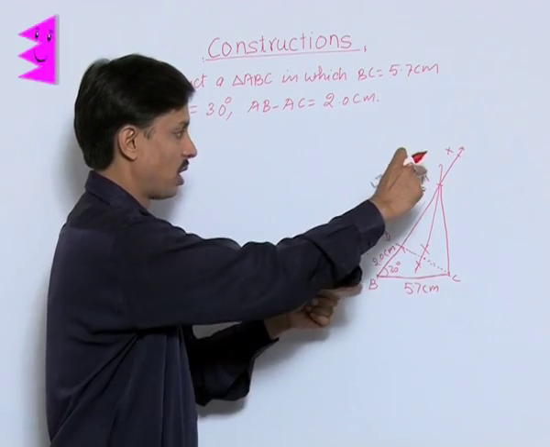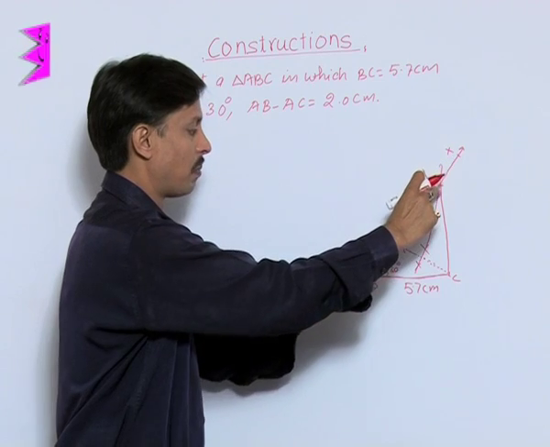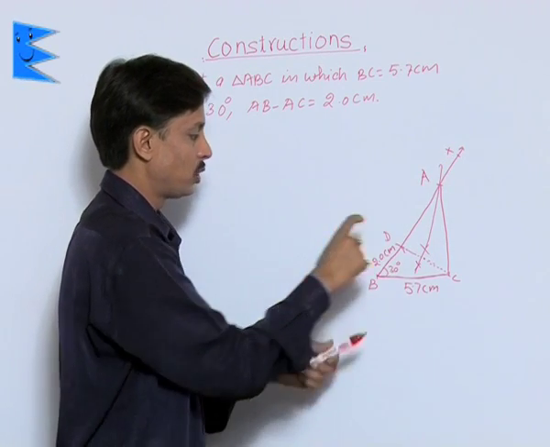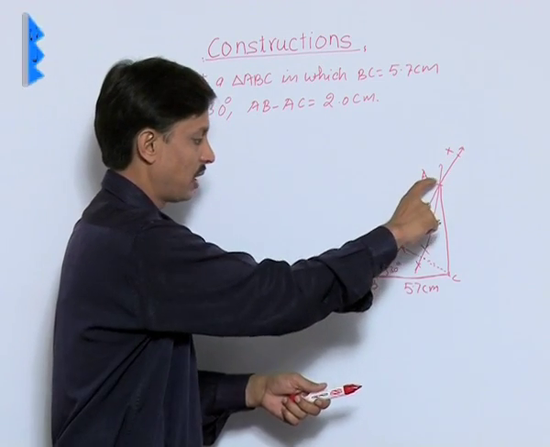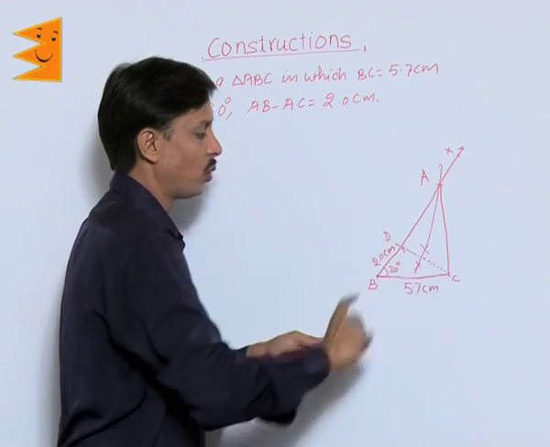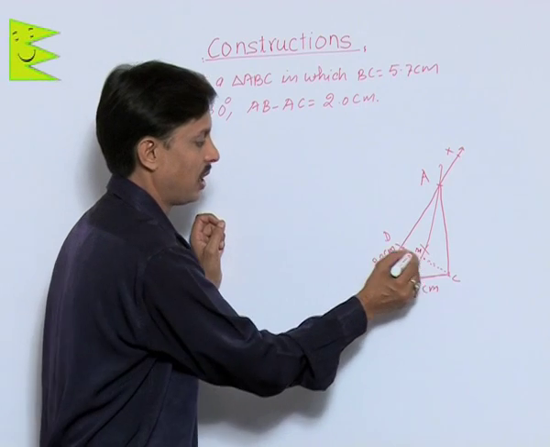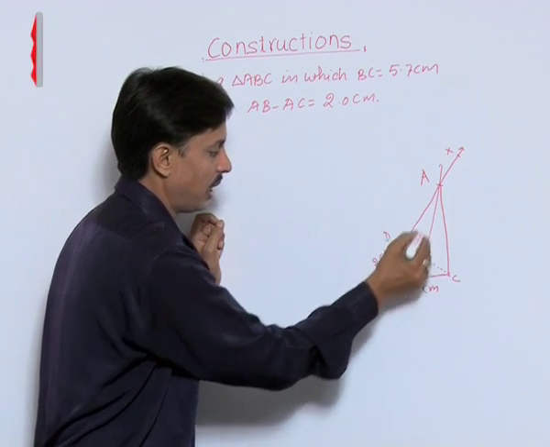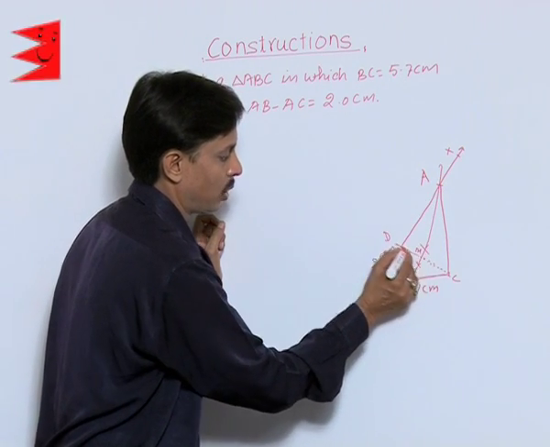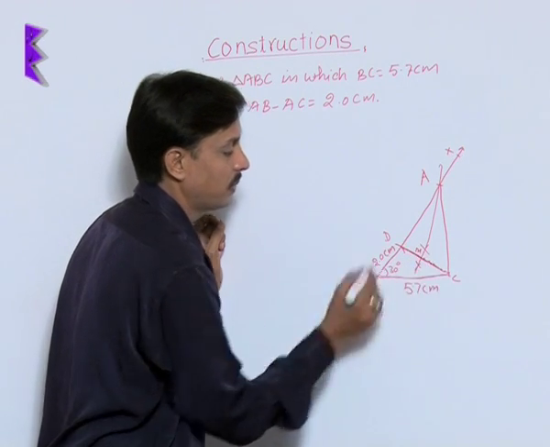Why? Because AB minus AD is 2 centimeter, but AD will be equal to AC because of congruency. If I take M, this AM is the right bisector of the portion which was joined.